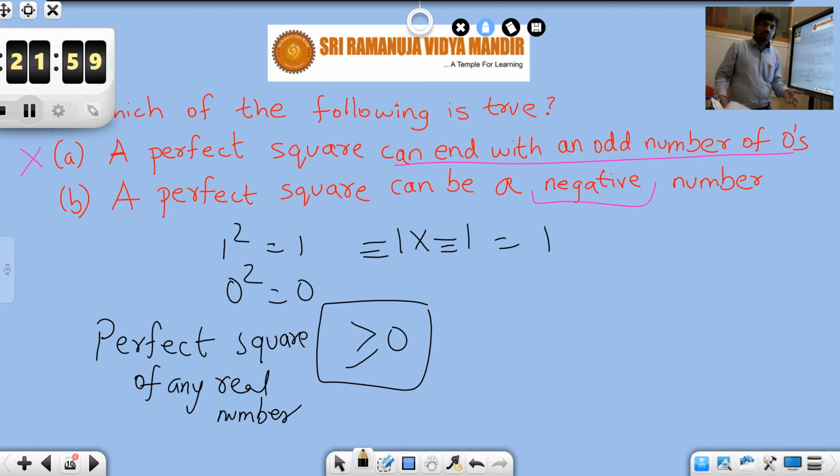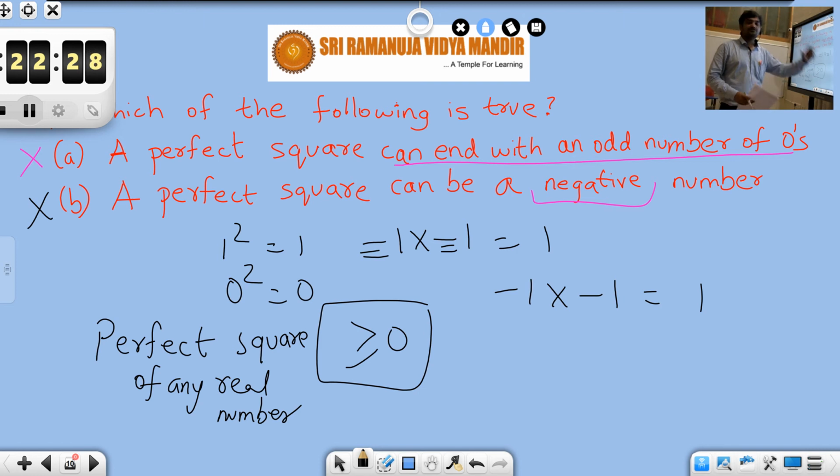If the number is not 0, the perfect square is always positive. Okay. 0 occurs only if the number is 0. So even if the number is negative, as we said, minus 1 into minus 1, even when the number is negative, the square would become positive. So students, in no case can a perfect square be a negative number. So option B is also wrong.